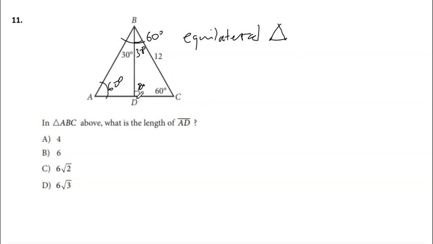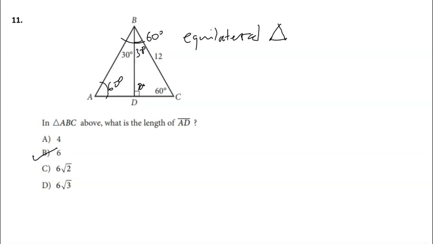And D happens to be at the center of AC. Why? Because this line is perpendicular, right? The only way you can make that is to meet it at the midpoint. So if AC is equal to 12, what is AD? 6, right? So we just looked at the angles, established what the angles are, and then used the information given.